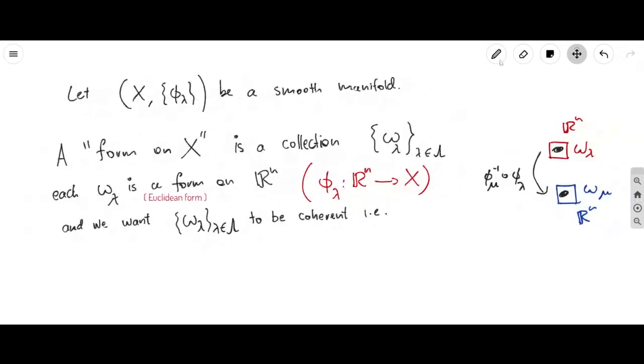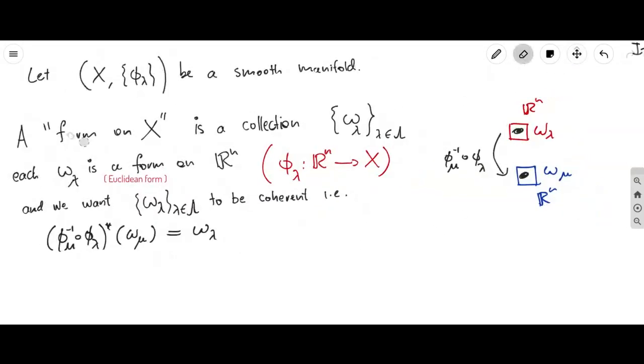So the condition here would be that if you do phi mu inverse composed phi lambda, the pullback operation on forms, and you apply it to omega mu, you end up getting omega lambda. So if that condition is satisfied, then you say this is a coherent collection. And then you would say that that is a form on X. Okay? So that's the definition of what it means to be a form.